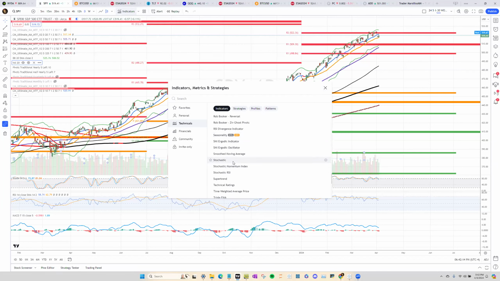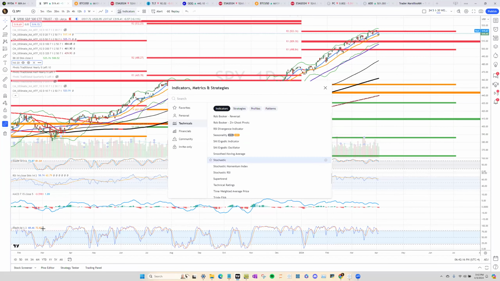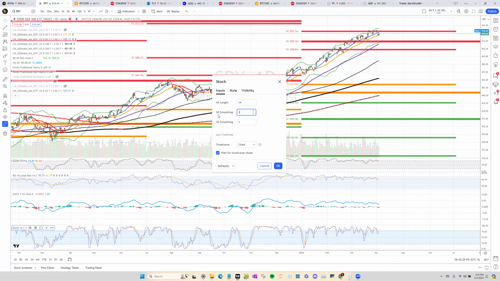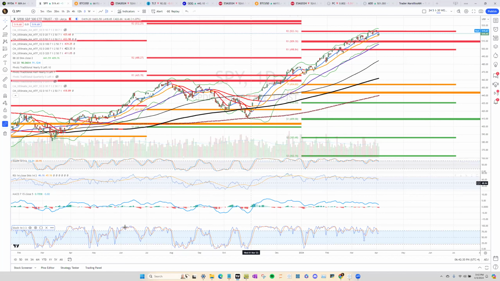If you want to do that, you just go into stochastic and then set 14, 3, 3. This is chop all over the place. I don't like the way it's too jarring. But if we change the inputs to 14, 3, 3, then it's a little more smoothed out. And I kind of use this if we're not getting RSI extremes. But again, more about that on a later date.